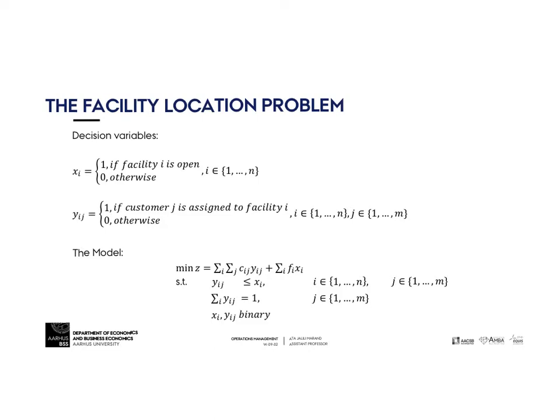So, the previous facility location problem we introduced is as below. We defined the decision variables x_i, binary variables, so the value is either 1 or 0, and x_i equals 1 if facility i is open, otherwise equals 0.